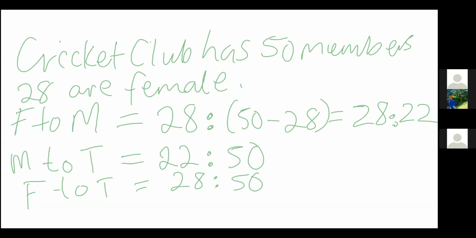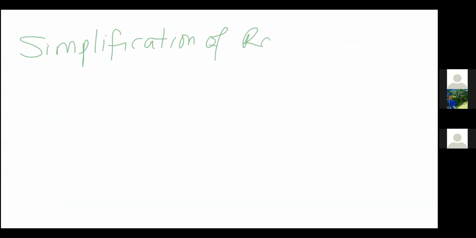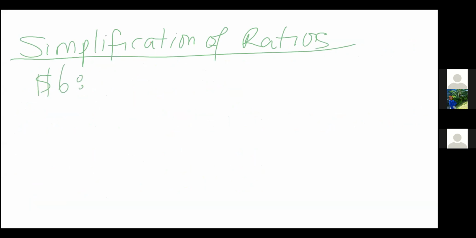Okay, well, let's do some simplification of ratios now, right? So remember simplification from when we were doing fractions, it just means carry it to the lowest term. So they said simplify $6 to 30 cents in its lowest term.